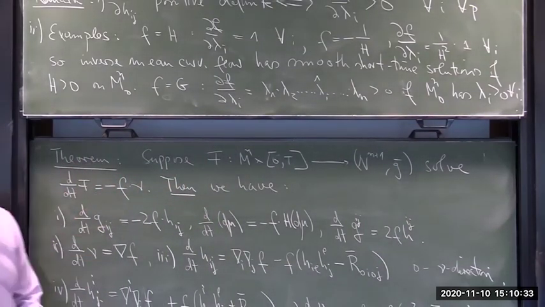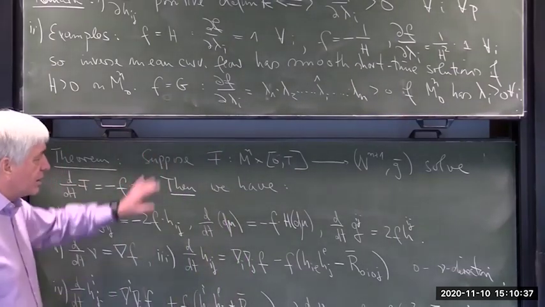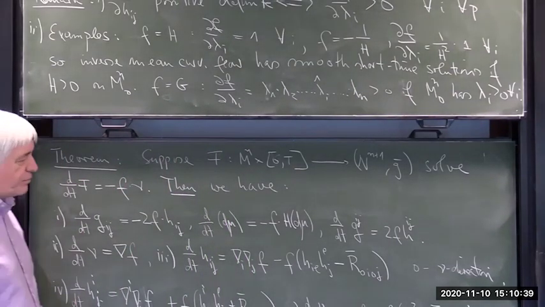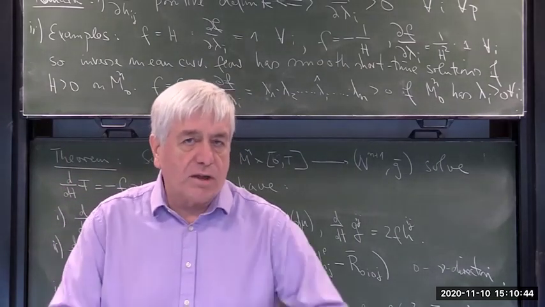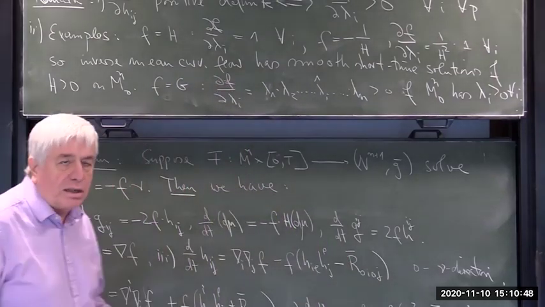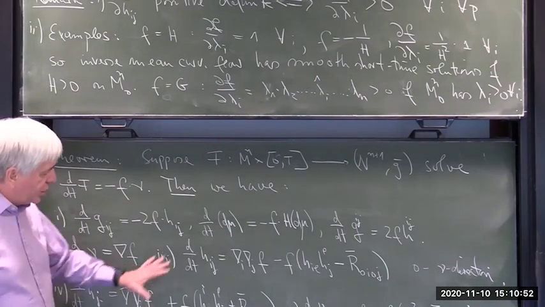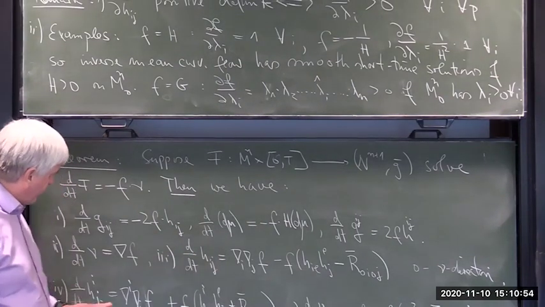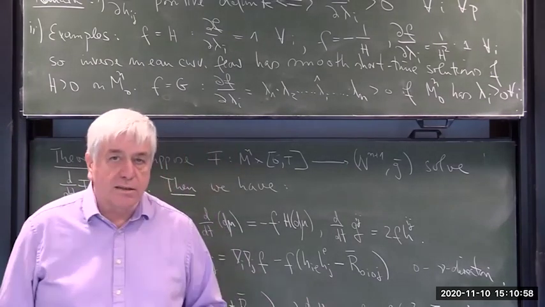So this one blackboard really summarizes all the key properties for any deformation that you might want to do for a hypersurface in any Riemannian manifold. It captures all the information: how the induced metric changes, how the normal changes, how the second fundamental form changes, how the Weingarten map changes, and how the mean curvature changes.